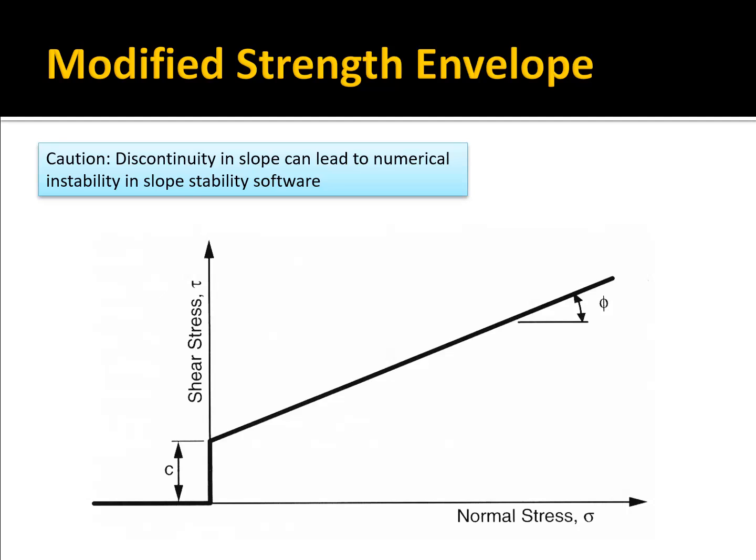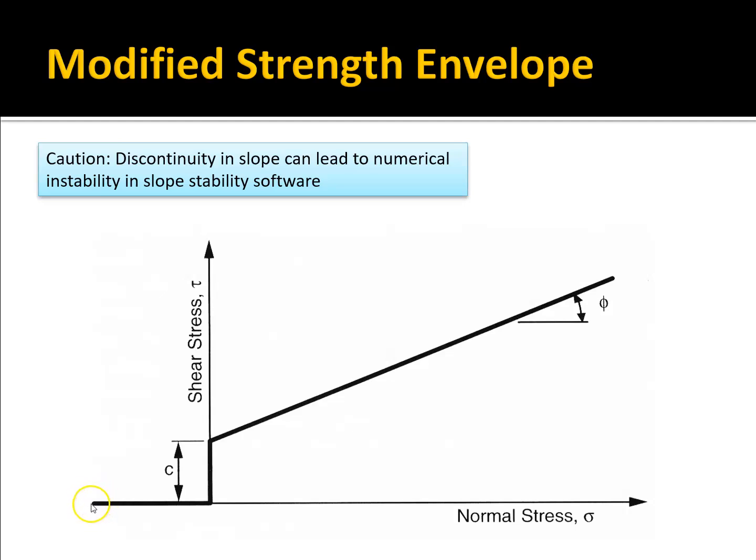So as we've discussed in our lecture on Utexas, there is an option in the material properties to enter the geometry of a non-linear Mohr-Coulomb strength envelope. And so, for example, instead of just giving a C and phi, you can give a set of coordinates.